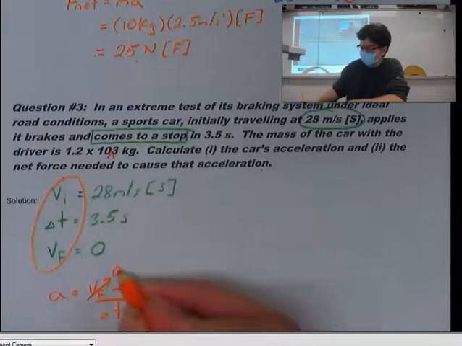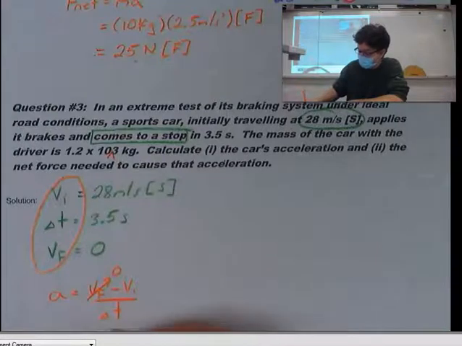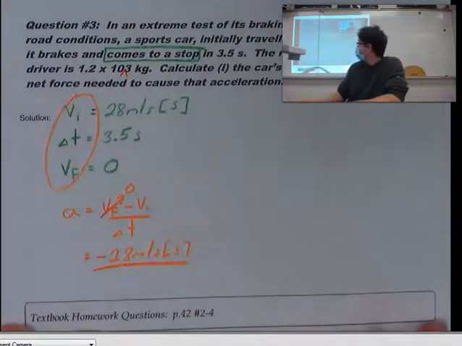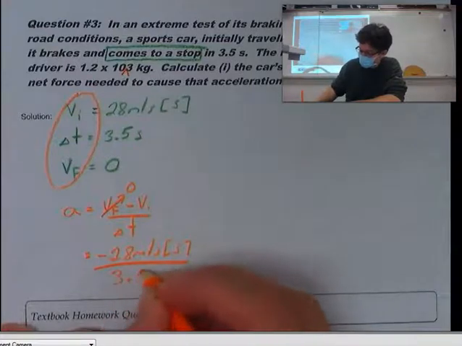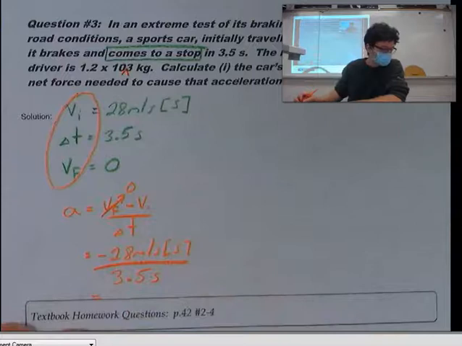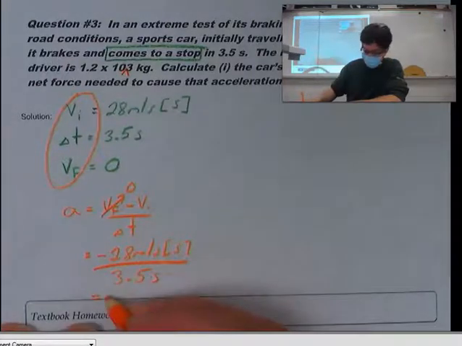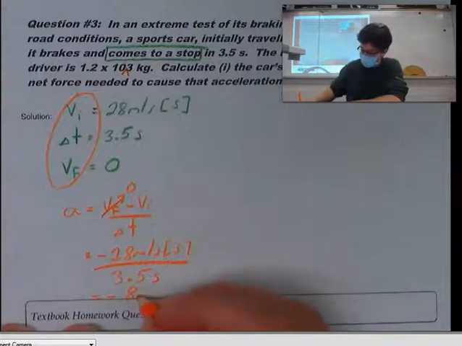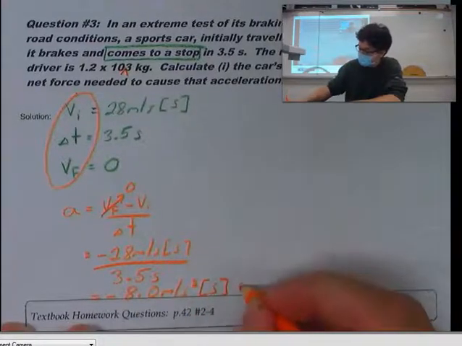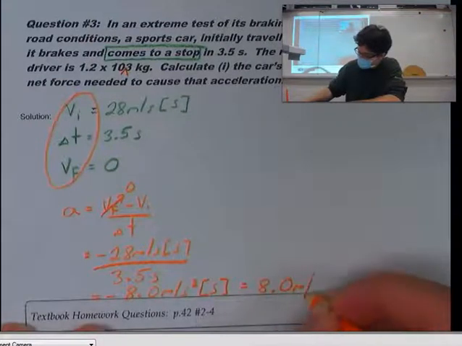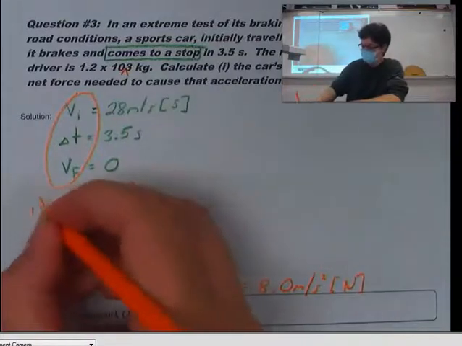So we get 0 minus VI, so minus 28 meters per second south, divided by our time, which is 3.5 seconds. So that gives us our acceleration of minus 8 meters per second squared south. But minus south is the same as positive north, so 8 meters per second squared north. That's the first part, our acceleration.